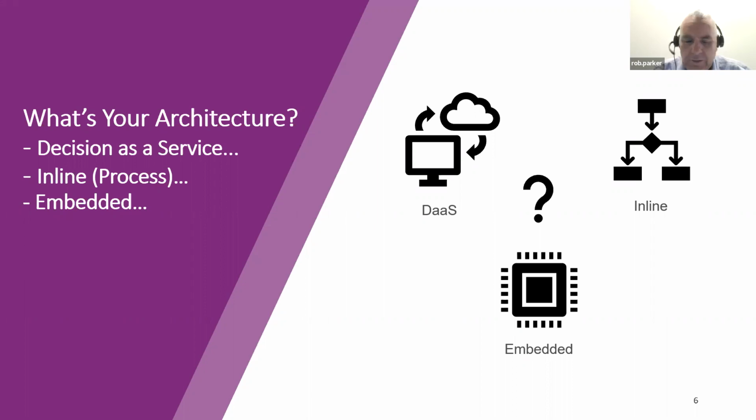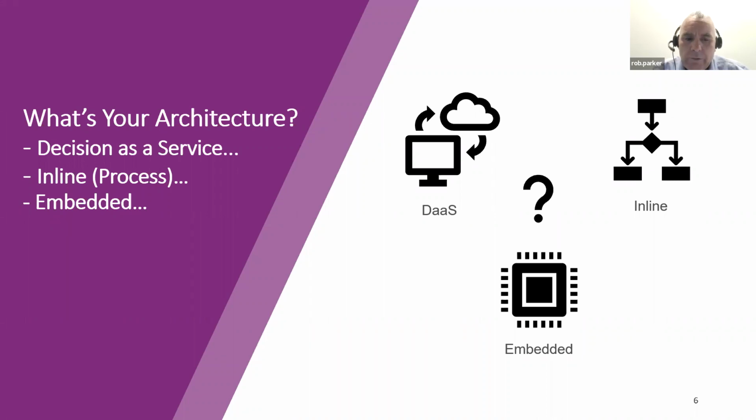But sometimes on these platforms it's more difficult for a client to call the decision directly, particularly when the client wants to call that decision outside of a business process. And the last architectural style is what I'll call the embedded, which is basically you might take a DMN engine library and embed it in your own application.